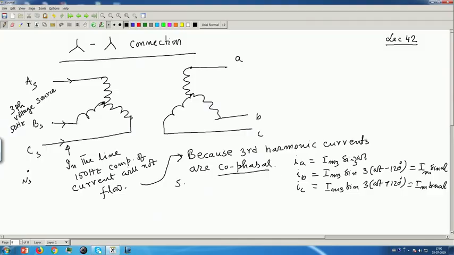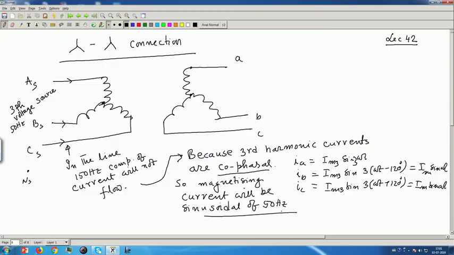So, exciting magnetizing current will be sinusoidal of 50 hertz only, no question of other.